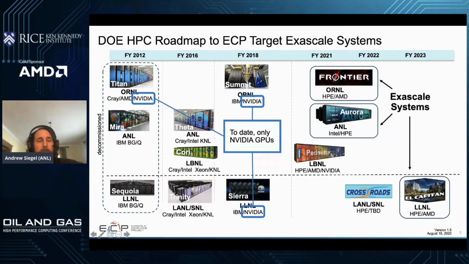But in all cases, if you notice, up to this point in the project, we're obviously just into 2021 now, all of the accelerator-based systems were NVIDIA-based. Okay, and we learned in the middle of the project that the exascale procurements were going to include AMD GPUs, Intel GPUs, and we have the Perlmutter system, which is not officially an exascale system, but which will be very important for this project, our NVIDIA system. So we moved to a diversity of GPU vendors.